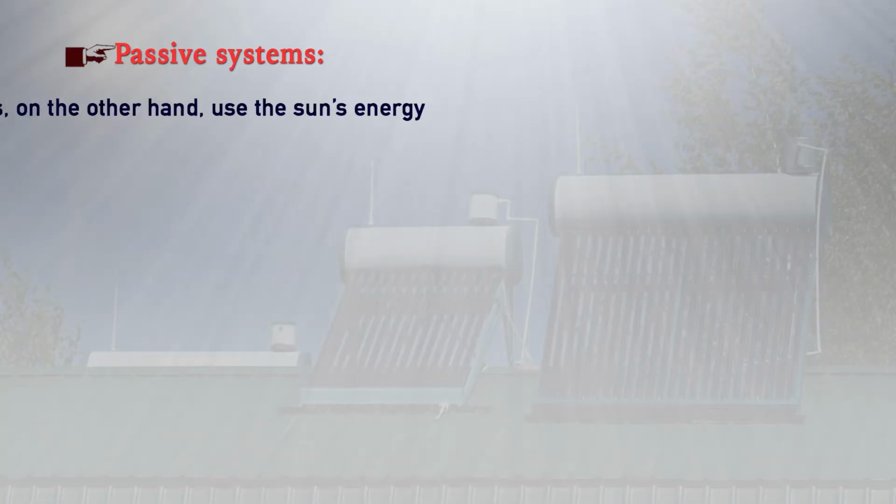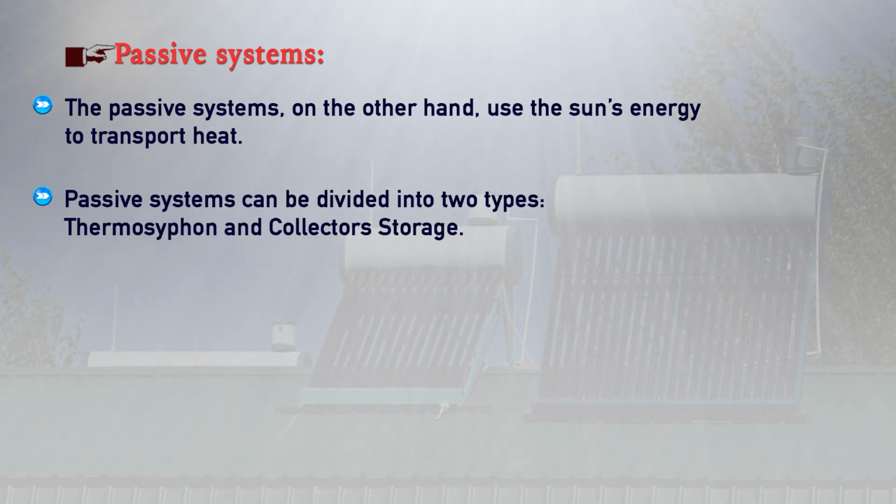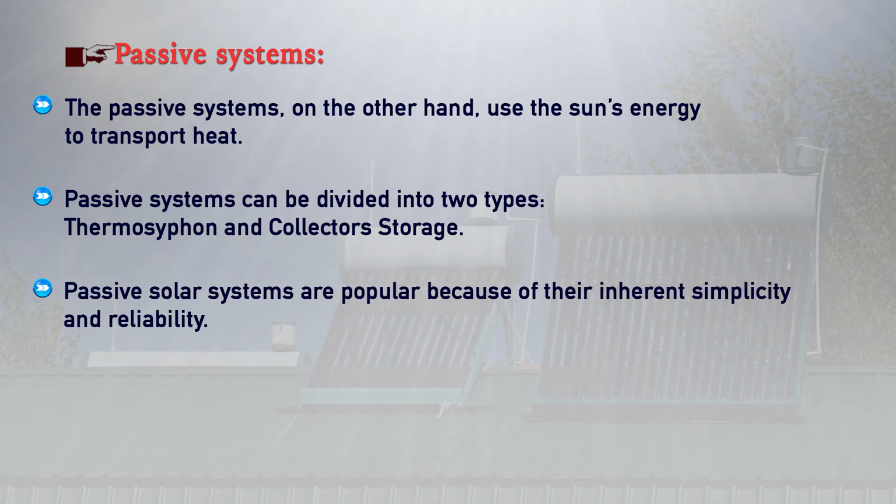Now we will discuss what is a passive system. The passive system, on the other hand, uses the sun's energy to transport heat. Passive system can be divided into two types. One is thermosiphon and other is collector storage. Passive solar systems are popular because of their inherent simplicity and reliability.